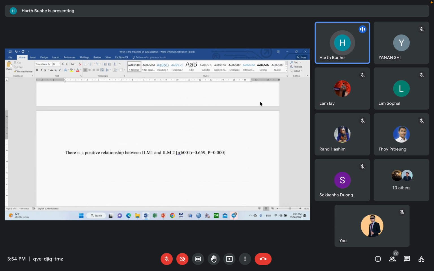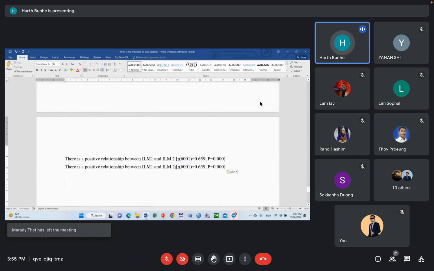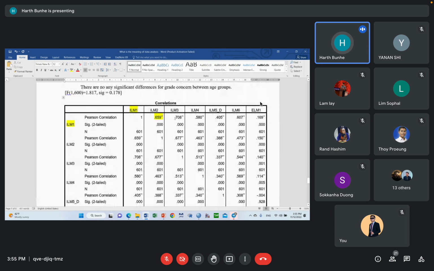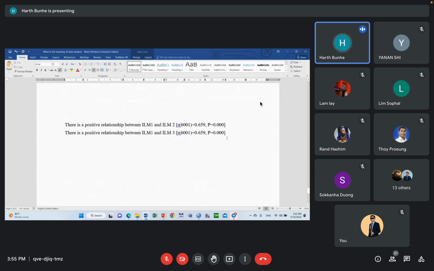And to the second pair, there is a relationship between ILM1 and ILM3. Is it positive? Yes, a positive relationship too, with the value here. You see the value here, and then you write it here, 0.752.